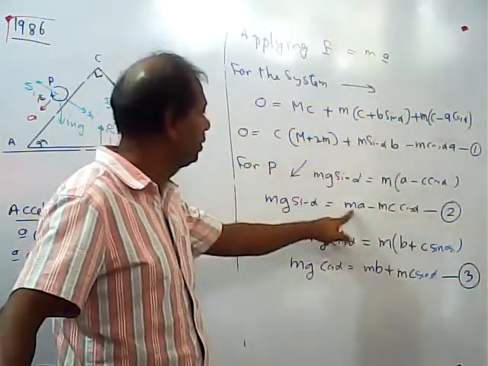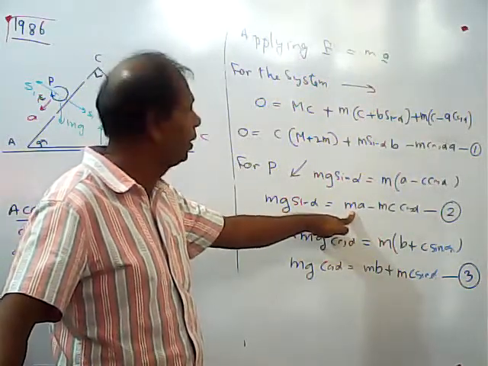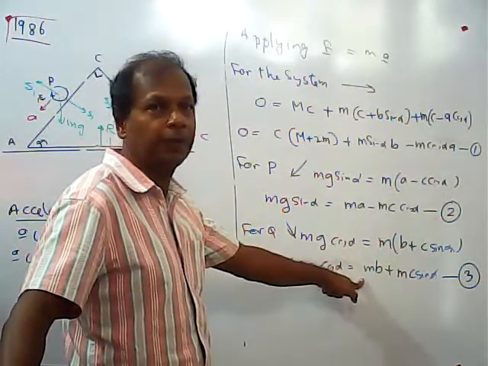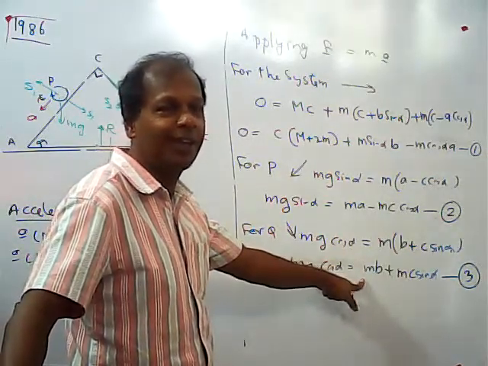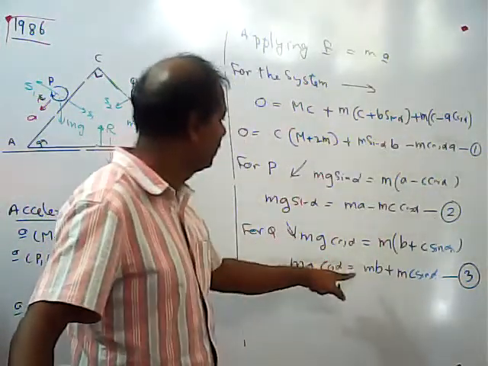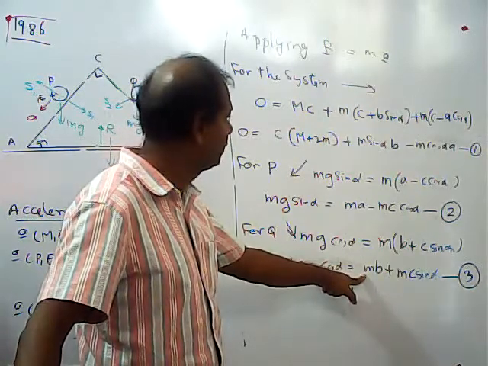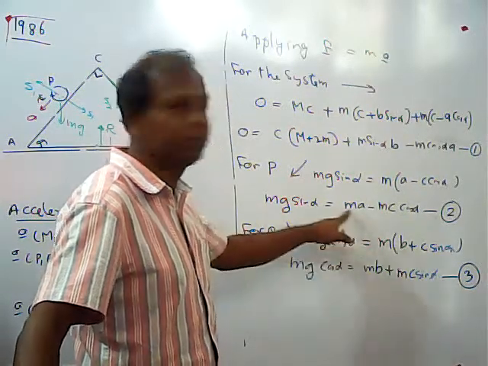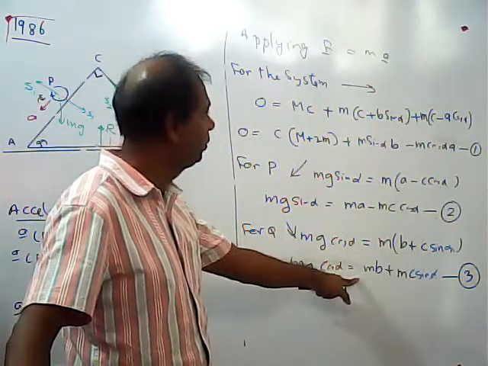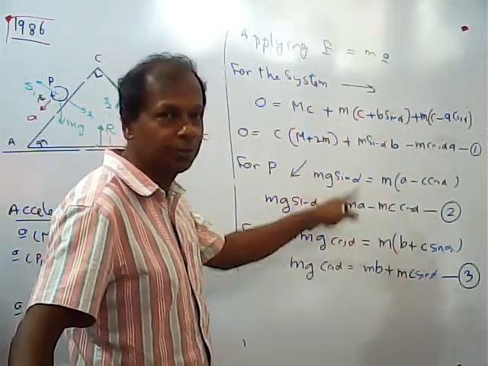We can create it: multiply this equation by cos alpha, this by sine alpha, and subtract. Make it 3 into sine alpha minus 2 into cos alpha.